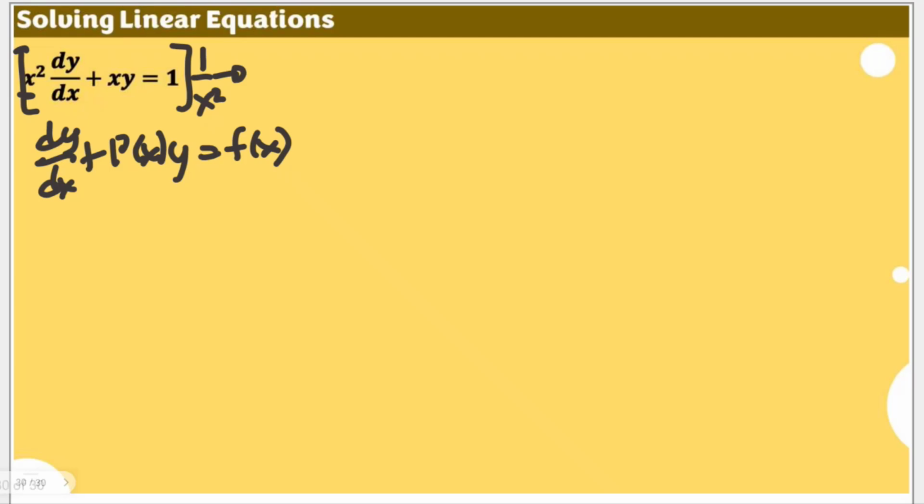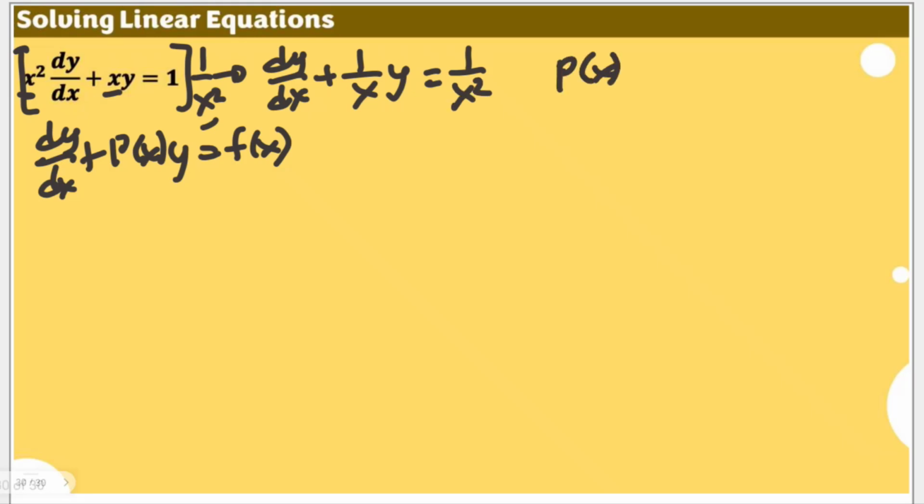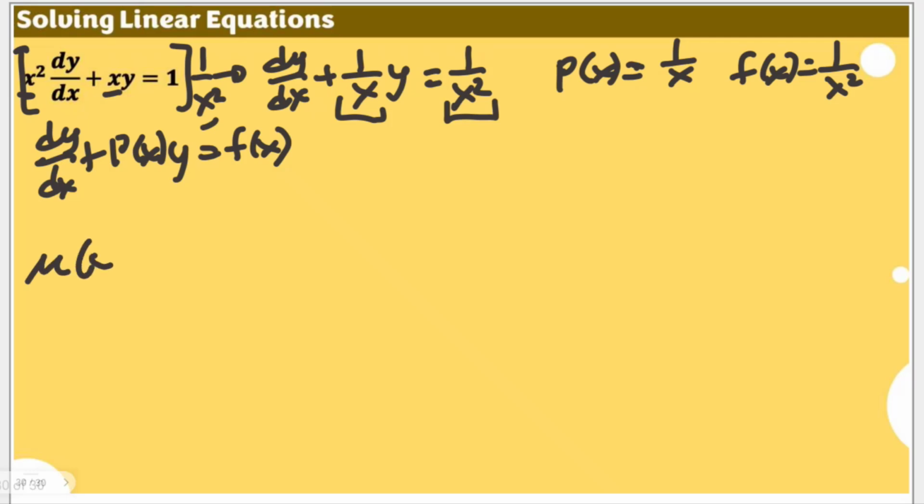So its standard form is dy over dx plus 1 over x times y, because that's x divided by x squared, is equal to 1 over x squared. This is why in the previous video, p of x is equal to 1 over x, and f of x is 1 over x squared. And in that same video, we were able to identify the integrating factor being equal to x.